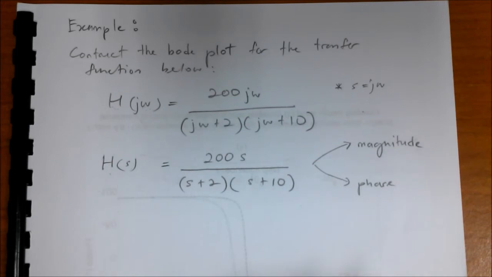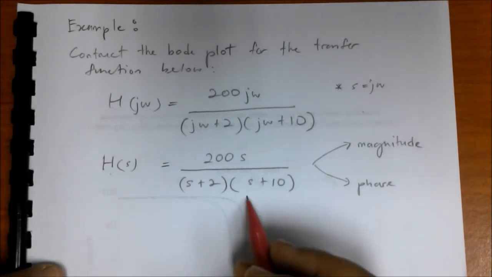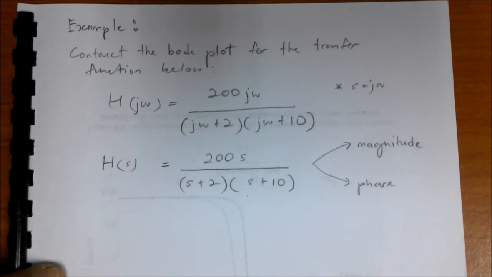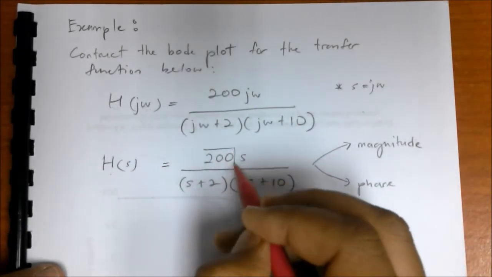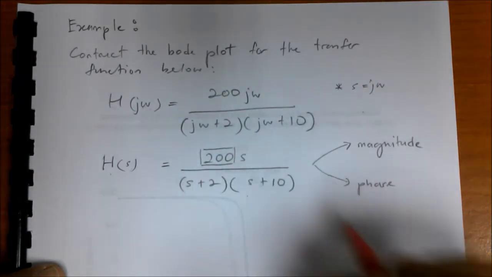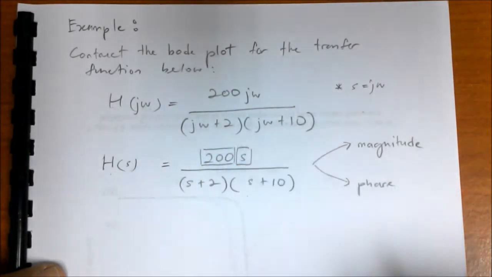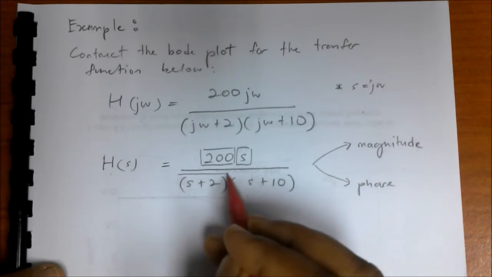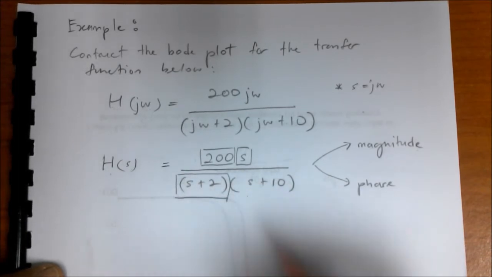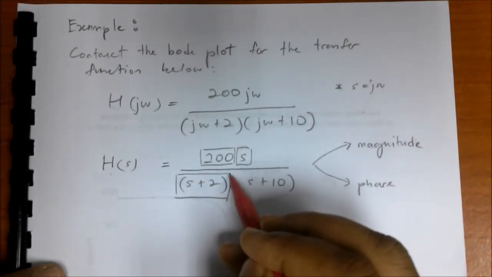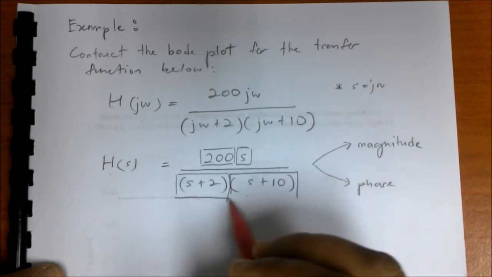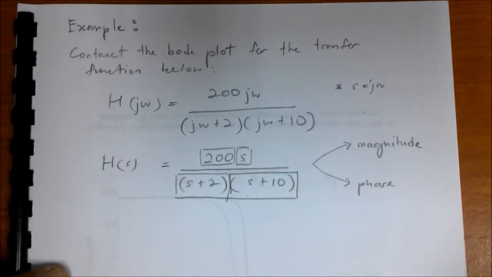In this transfer function we have four factors: 200, s, s plus 2, and s plus 10.